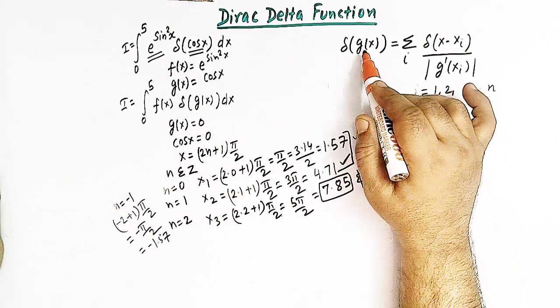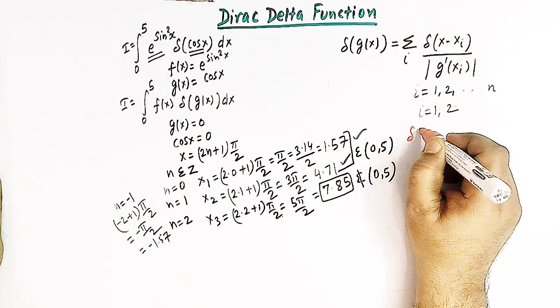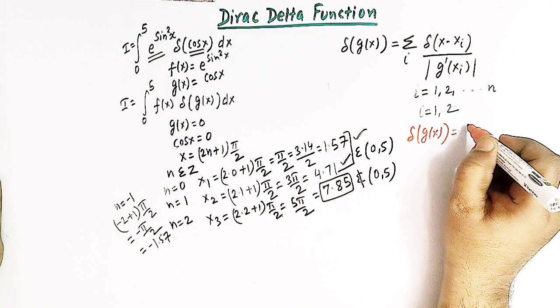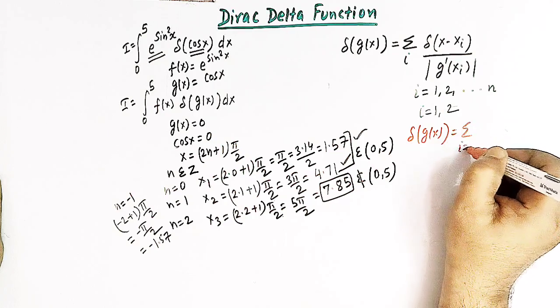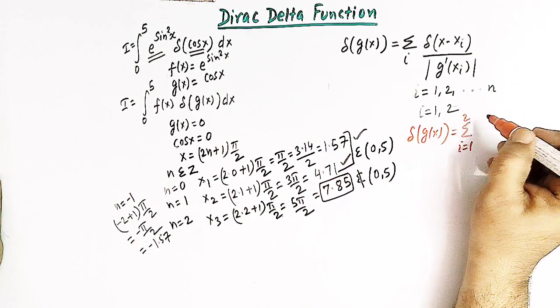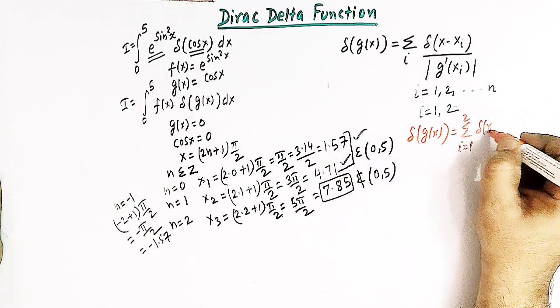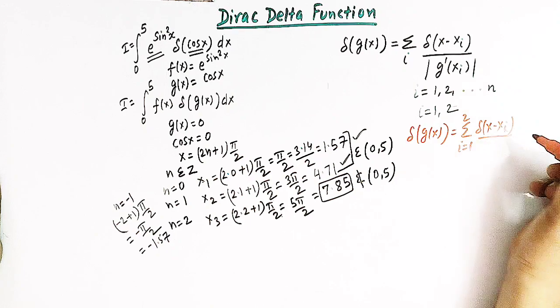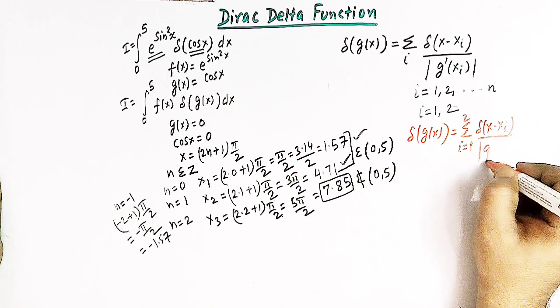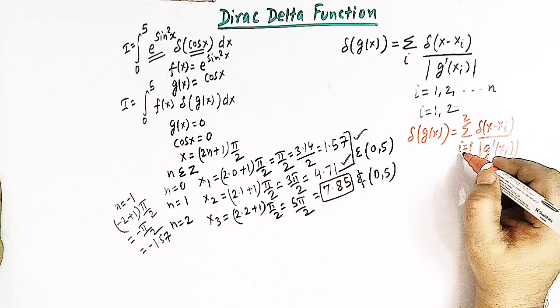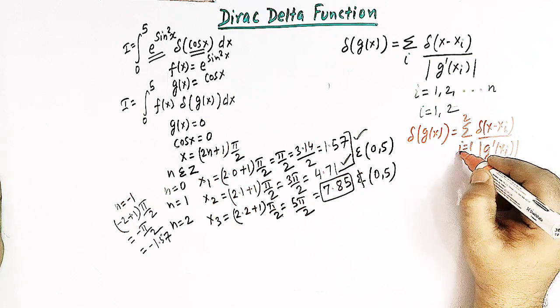So now our property reads as delta of g of x is equal to the sum over i equals 1 to 2, because here we have only two roots, of delta of x minus xi over the mod of g prime of xi. Now let us take first i equals 1.